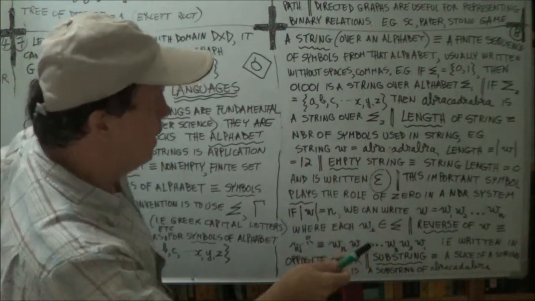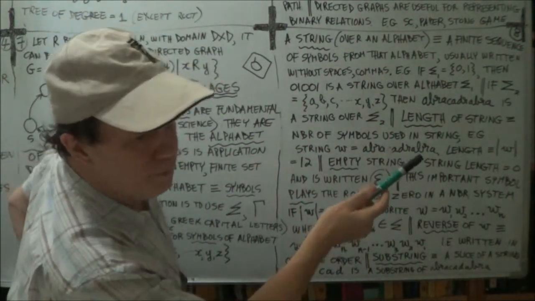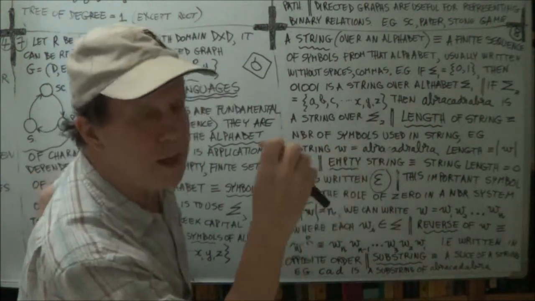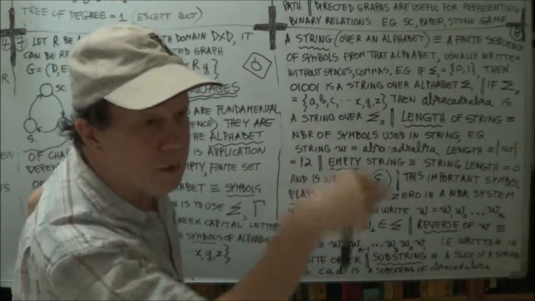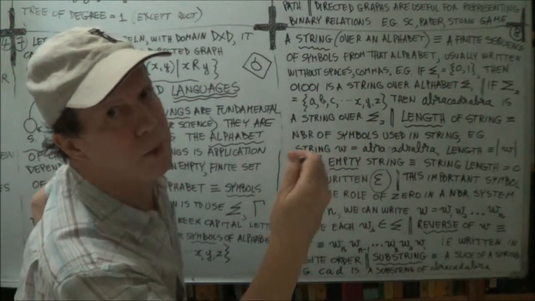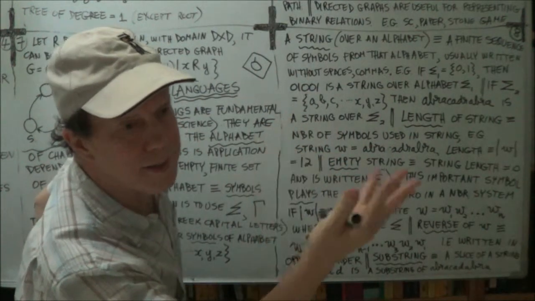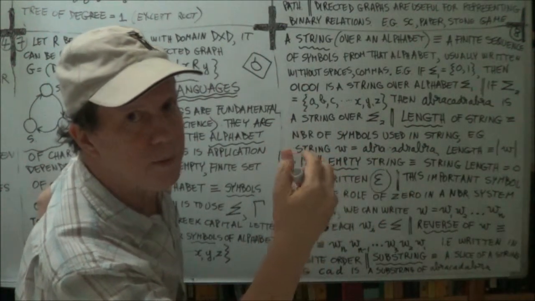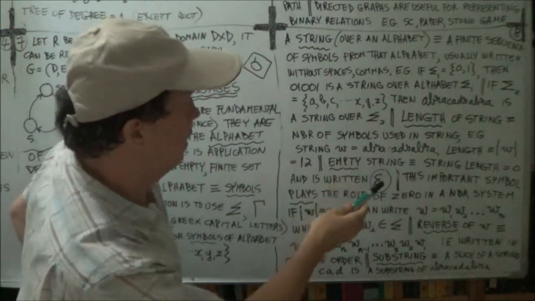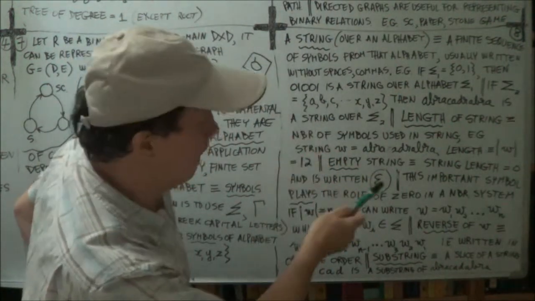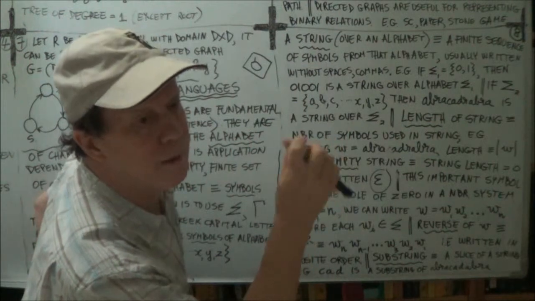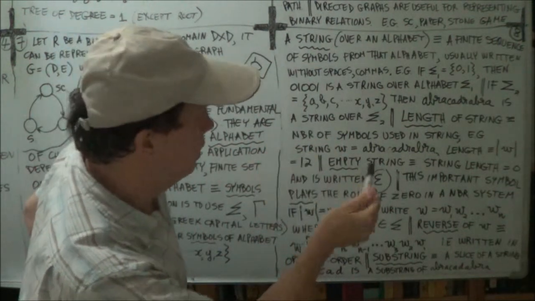And it has a special symbol of its own, sort of analogous to the empty set. Remember, it was a 0 with a stroke through it. That was the symbol given to the empty set, the set with zero elements. Well, the empty string is the string with zero symbols in it.